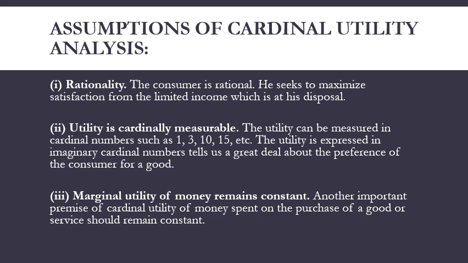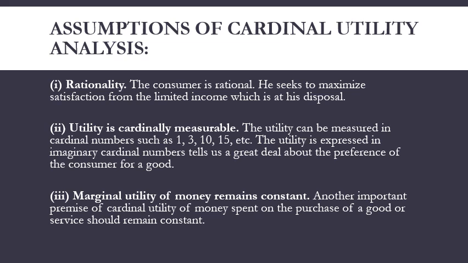All economic theories are based on the rationality of the consumer. So only if the consumer is rational will this theory hold true. Rationality means the consumer will prefer more benefits at lesser cost.